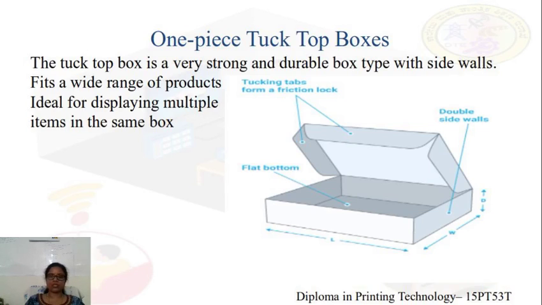Also, there are side walls that give a tray kind of look to this box. So this is easy in assembling the folding carton, that gives extra strength, and also it can be stored easily, transported easily. Also, it can hold cutouts.